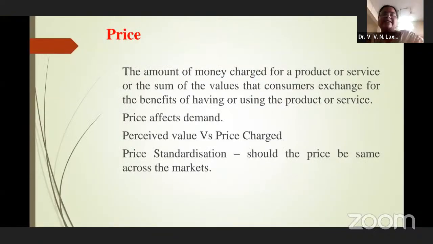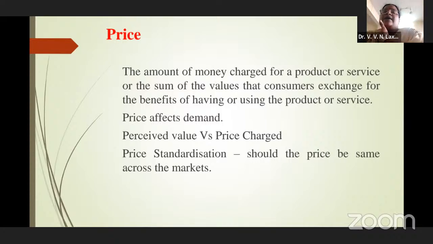Now let us see what is price. And as you all know, price is the amount of money charged for a product or service, or the sum of the values that consumers exchange for the benefit of having or using that product or service.